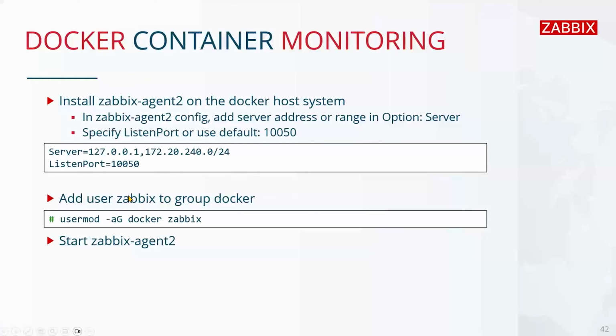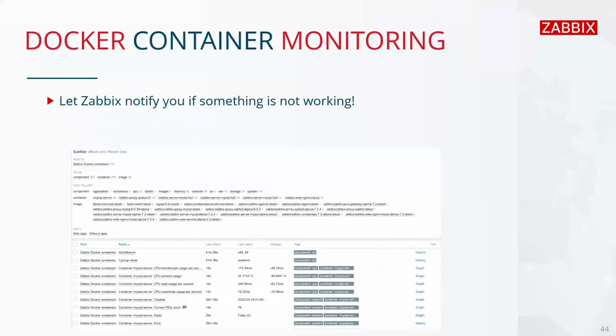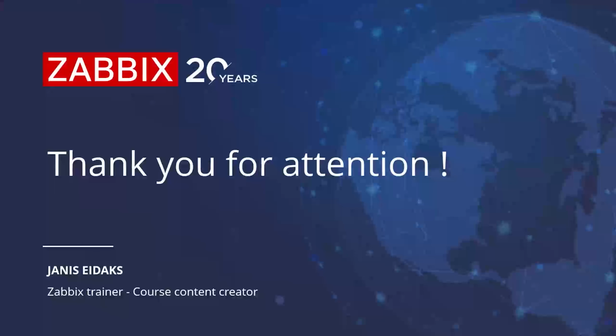You will also have to add user zabbix to group docker for it to work, and start the Zabbix agent too. What is left to do? Create a host, link the template Docker by Zabbix agent 2, and you're good to go. You'll begin monitoring and then you can monitor your containers. And that's pretty much it.